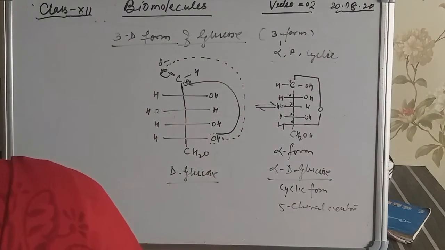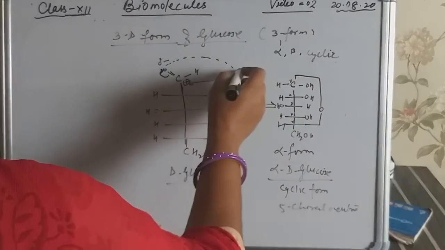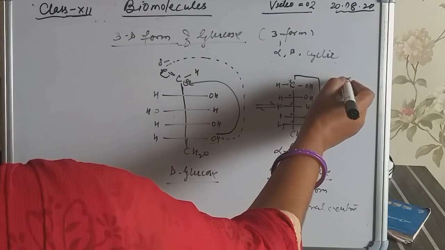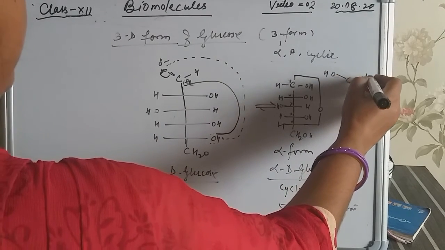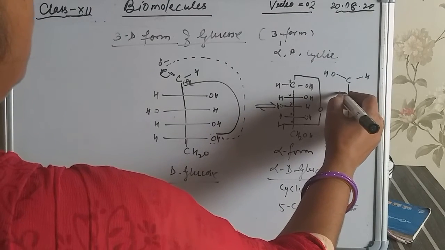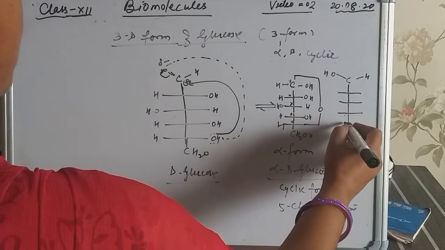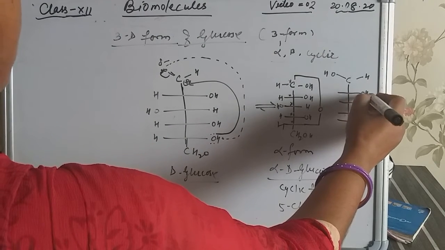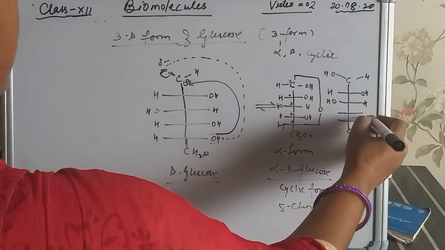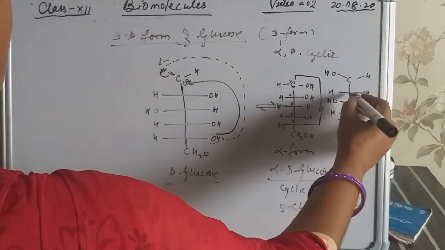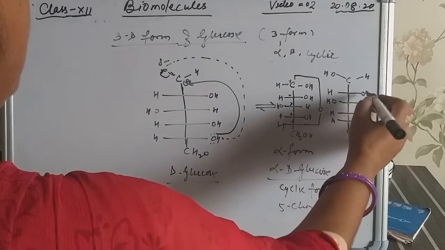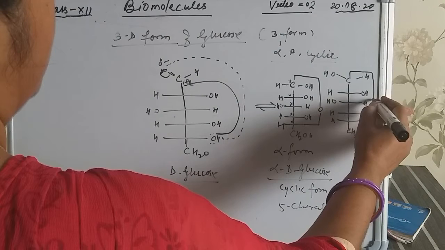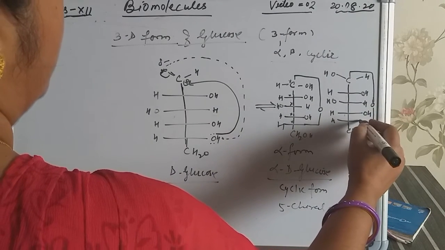And there is one more structure form, if this OH group is present on the left side while the other OH groups are on the right side. Here we keep the OH group on the left side, with OH, H, OH, H, OH, H, carbons 1 to 6, and this makes a bond with the number 5 carbon.